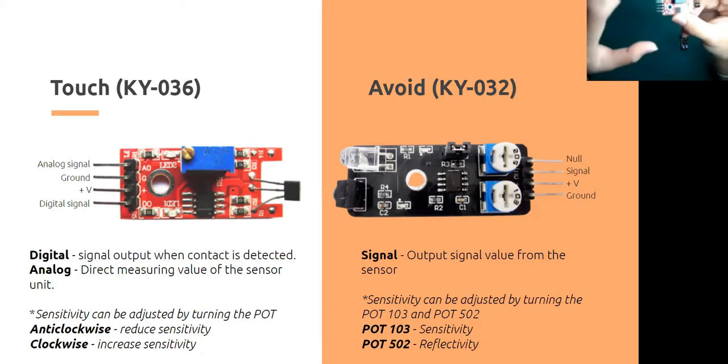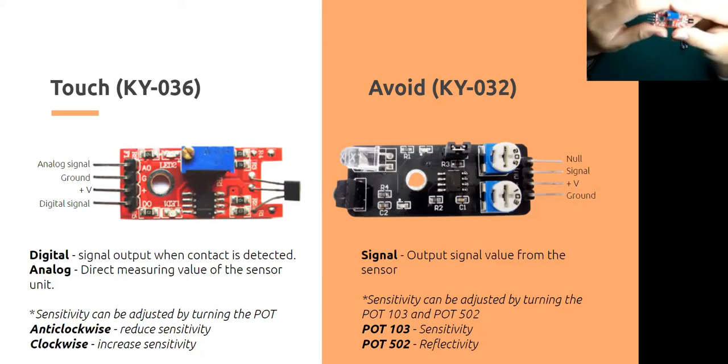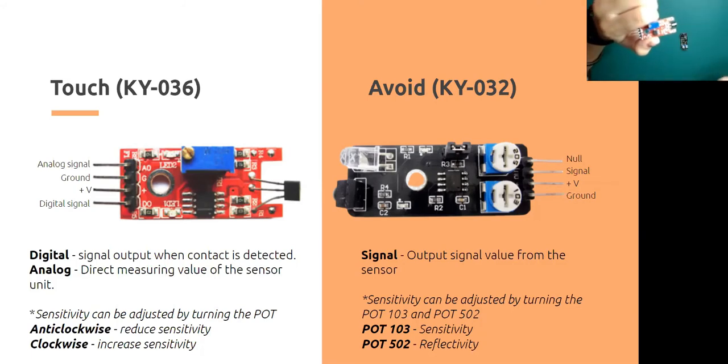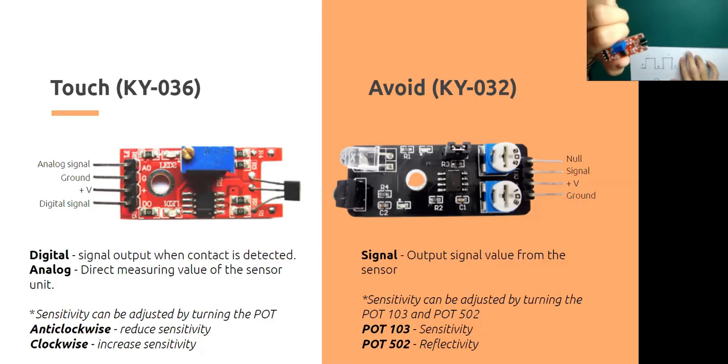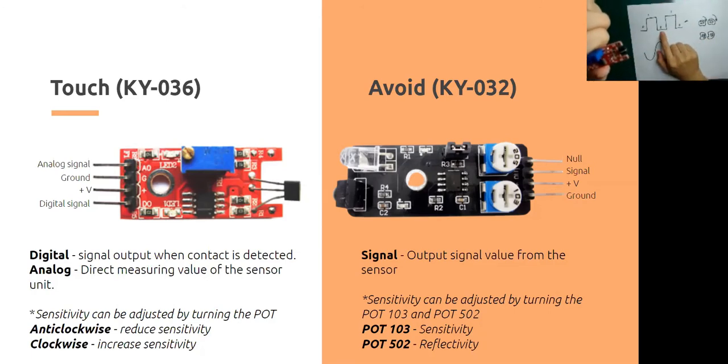The digital signal is to let us know whether the contact is detected. It will go like the diagram of an analog and a digital. The digital signal is like this: 0 is off, 1 is on, 0, 1, off, on, and off.